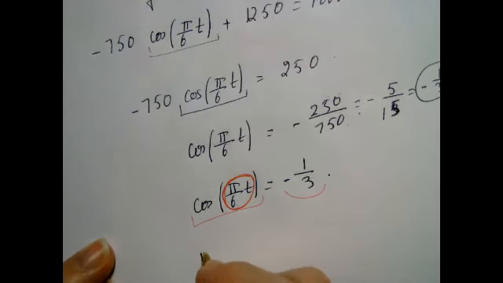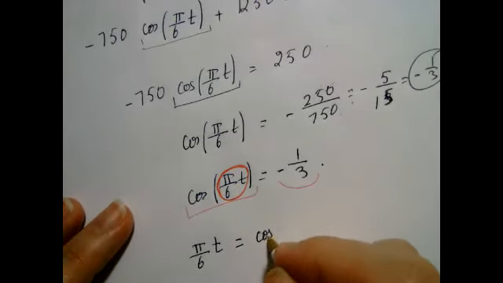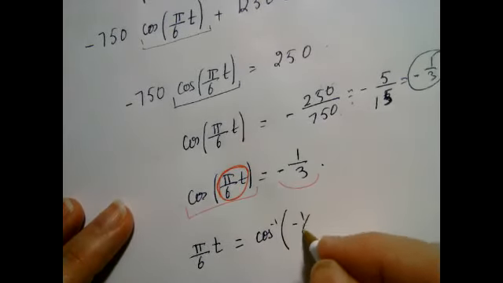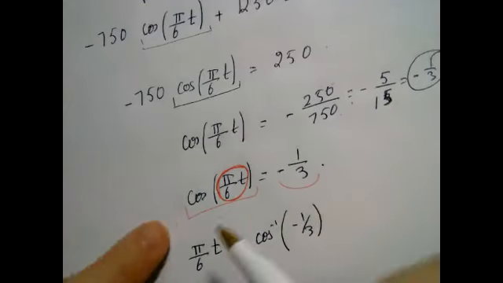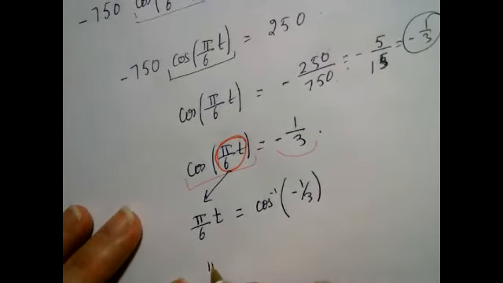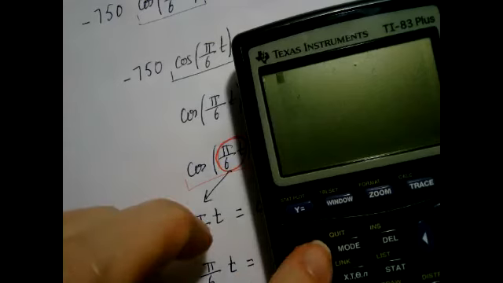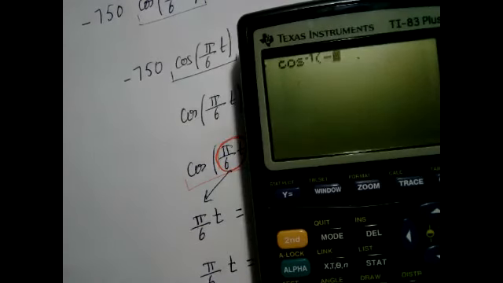So this gives me that pi over 6t, be very careful, is the cosine inverse of minus 1/3. It's the pi over 6t because that's what's inside. And now the rest is, it means pi over 6t equals cosine inverse of minus 1/3. So that's the cosine inverse of minus 1/3.